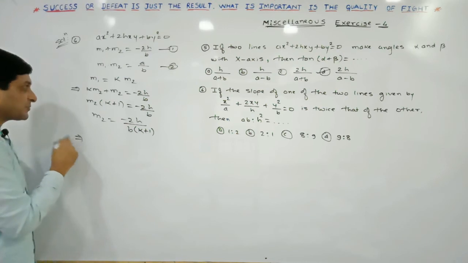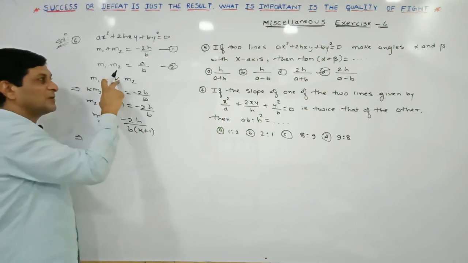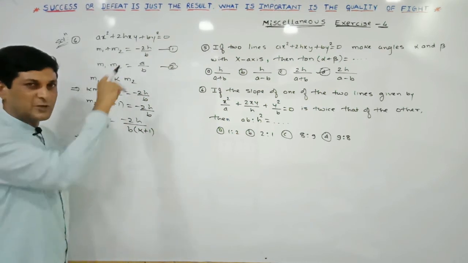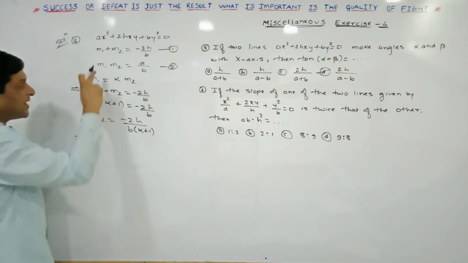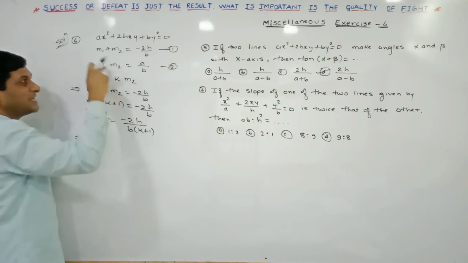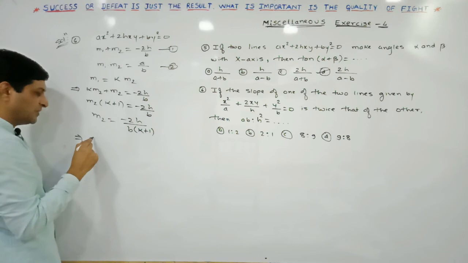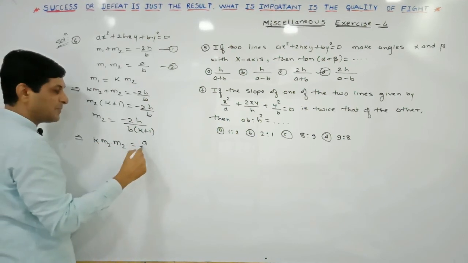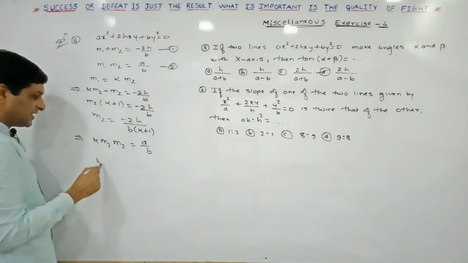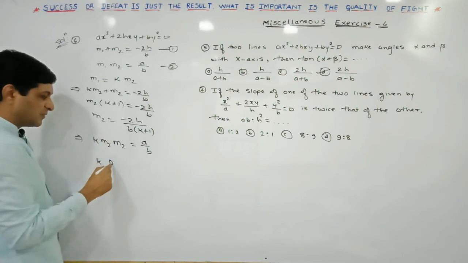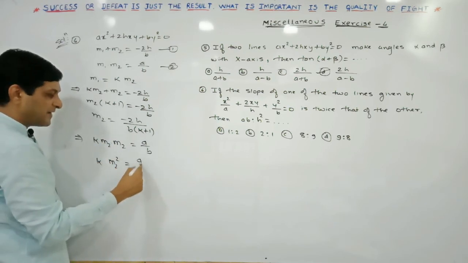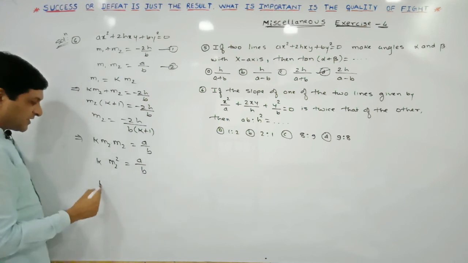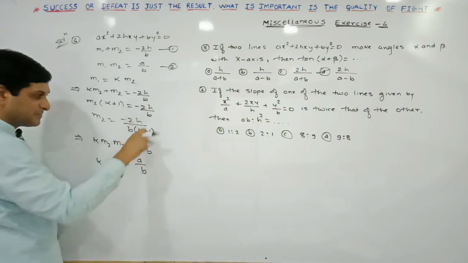Now if we substitute this value m1 equal to k times m2 in equation number 2, see what we will get. I am replacing m1 by km2. So km2 into m2 is equal to a upon b. So k times the square of m2 is equal to a upon b. Keep k as it is, and m2 I am replacing by its value.